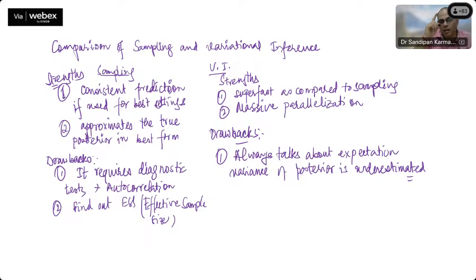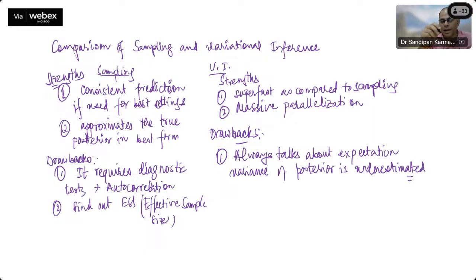Now each sample drawing of Gibbs sampling corresponds to one iteration of variational inference, one sample of Gibbs sampling or MCMC sampling or any kind of sampling.